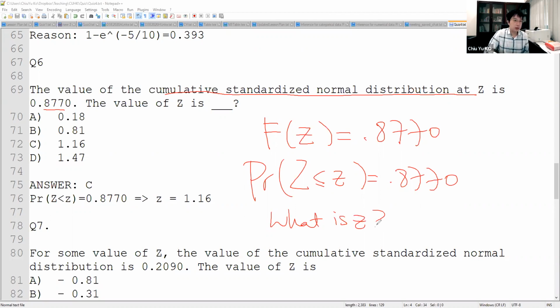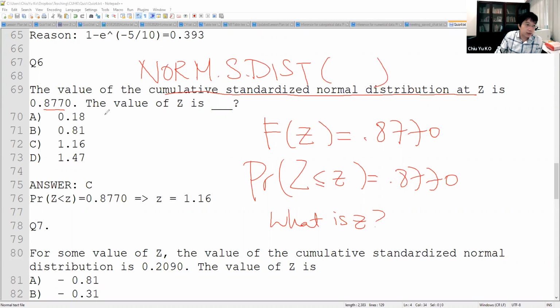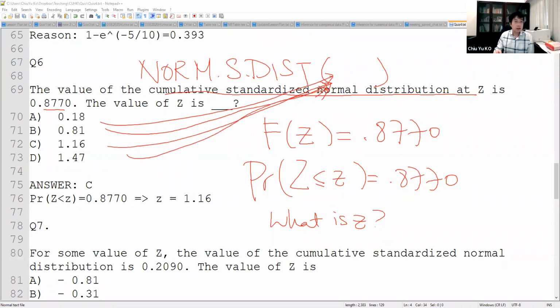To do this, you remember the formula we learned is NORM.S.DIST. There are 4 numbers here. You put in each one of them, then you know the answer, right? Let us do it in Excel, okay?